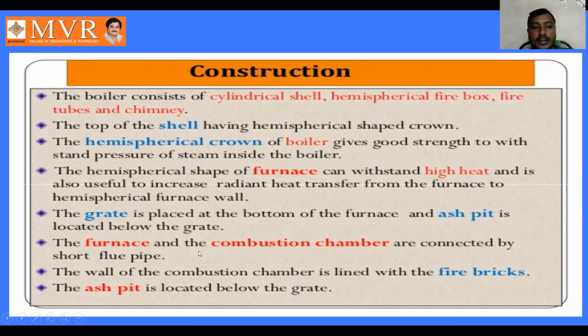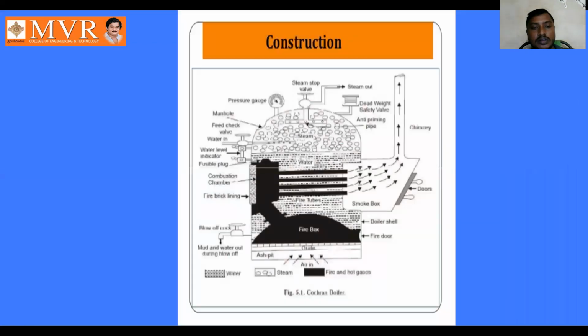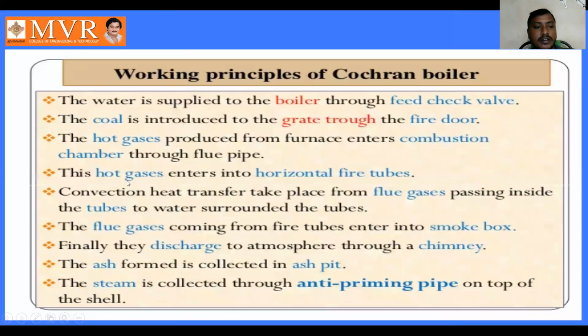The furnace and combustion chamber are connected by the flue pipe. The wall of the combustion chamber is lined with fire bricks, and the hot gases produced from the furnace enter the combustion chamber through the flue pipe.